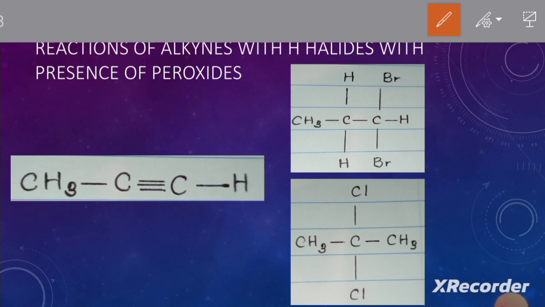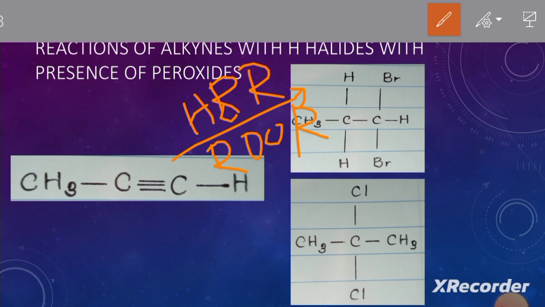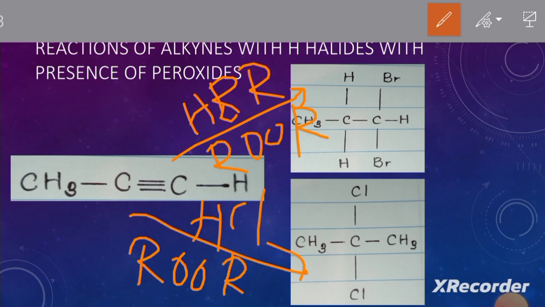And I highlighted the point that there is no change in the reaction when you add a peroxide to HCl or HI, right? I have discussed this in the alkene video also. So here this is the addition of HBr in peroxide medium, and this is the addition of HCl in the peroxide medium.